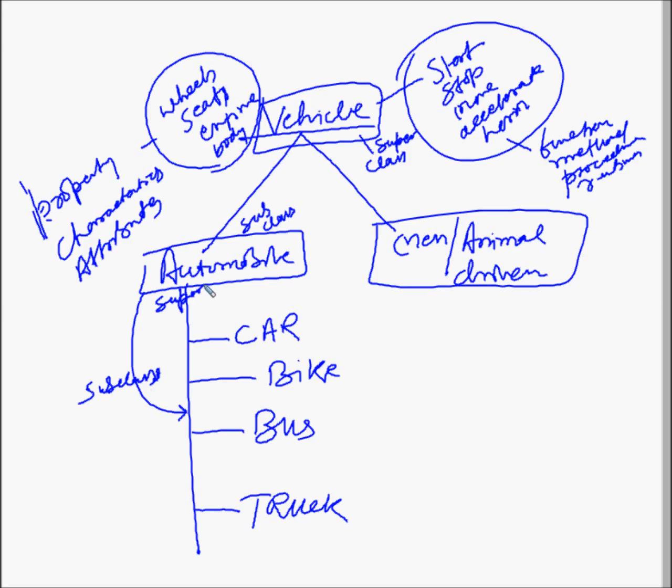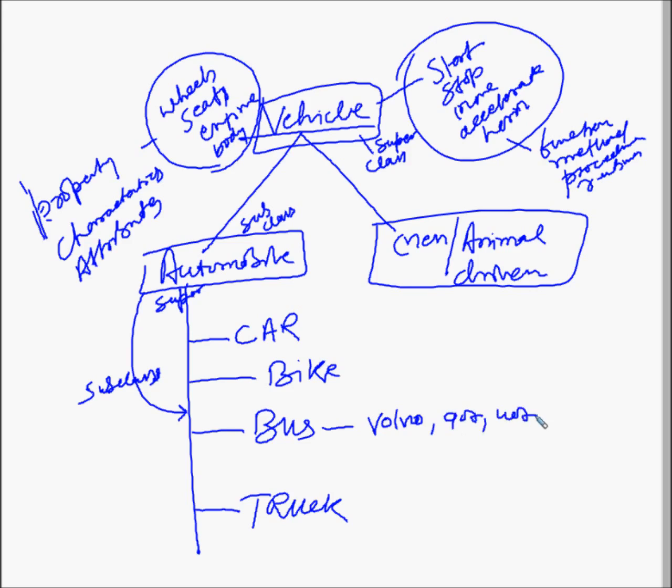Then what is object? Car is not an object, bike is not an object, bus is not an object. Object is what? As I said, object must have SBI: state, behavior, and identity. So let us talk about Volvo. And then we can say some bus names like 907, 407.